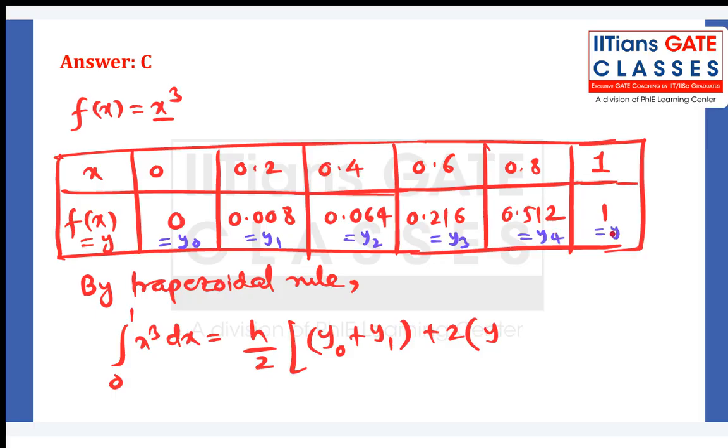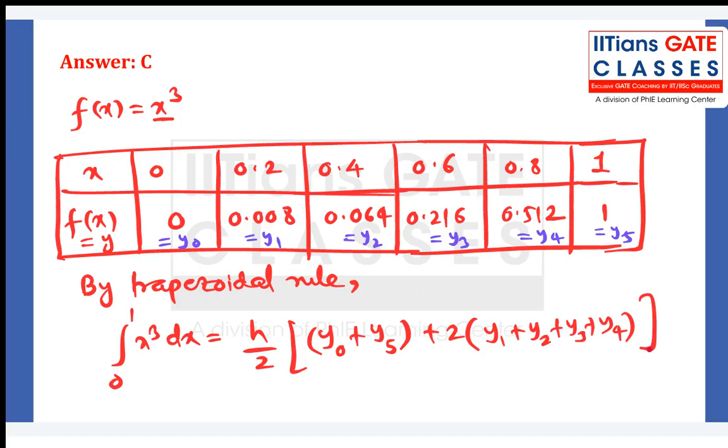So here this will be y5, not y1. It's just a matter of notation, nothing different here. So first and last function value plus 2 into all other function values, y1, y2, y3, y4, bracket complete. So this will be your final answer.